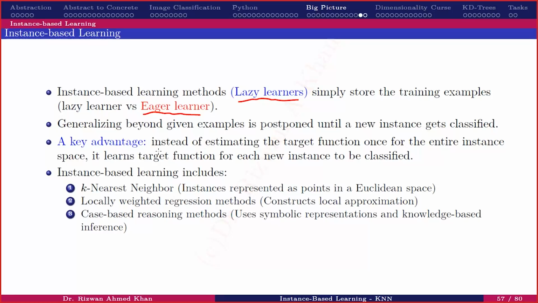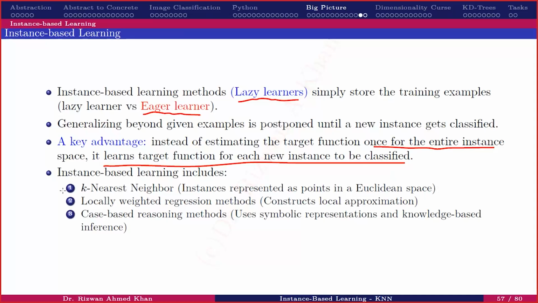The key advantage over here is that instead of estimating the target function once for the entire data set, it learns the target function for each new instance. So again, this is positive and negative as well because there is no training. For each instance, it has to rerun, but on the other side, it can have a different boundary because it will calculate different nearest neighbors based on the test point.